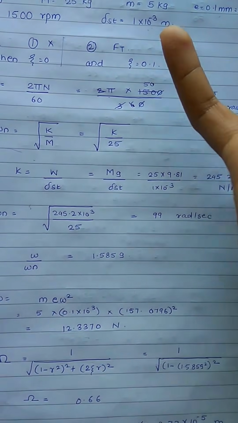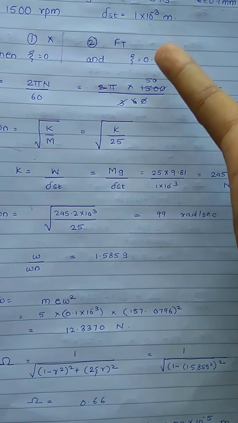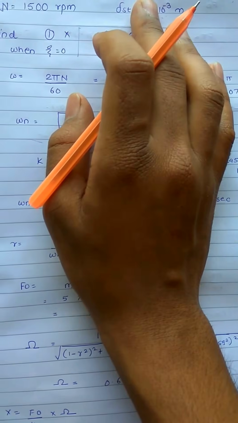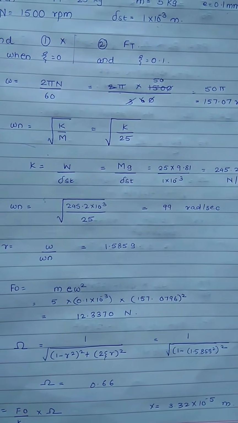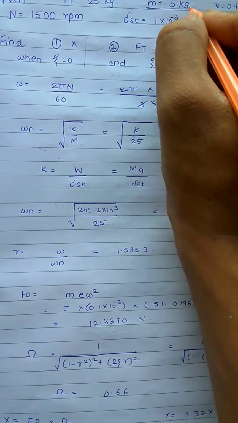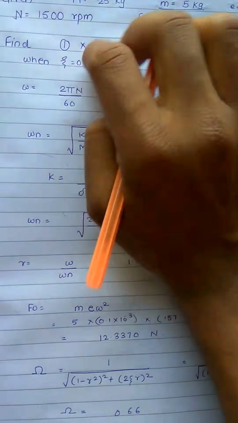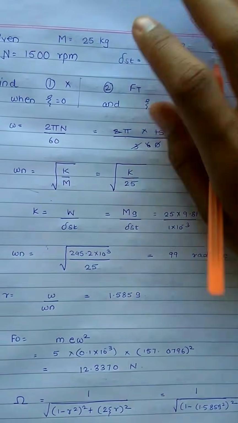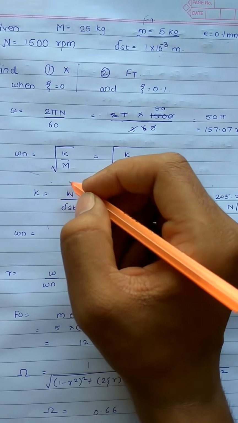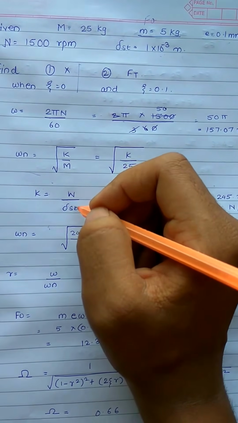Now you have to find out k. For that k, two masses are given, which one to select? Always remember, the smaller mass is always considered for the force generated, F0, and the larger mass is used everywhere for calculation. So k is equal to W upon static deflection.